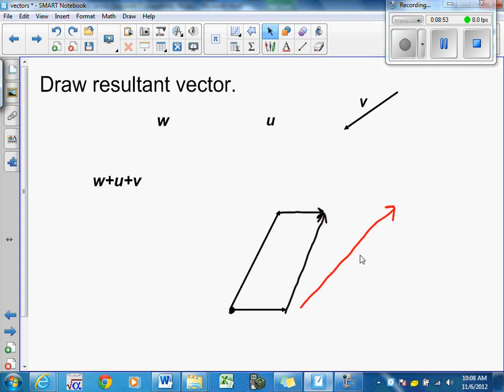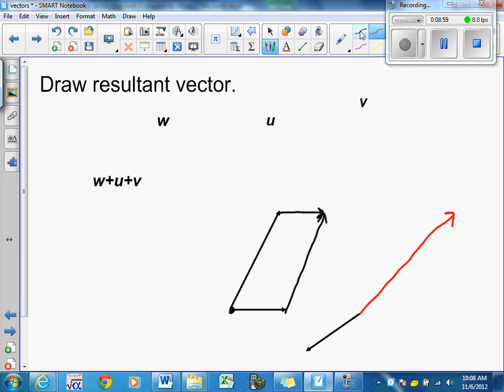Then I take that red vector and I add it to V. My drawing's not very good, but I get my result. So you do it in multiple steps, okay?